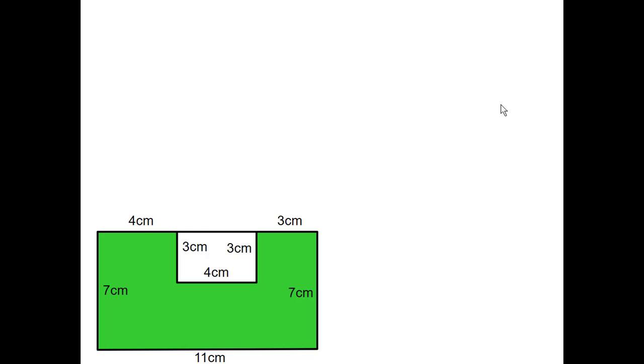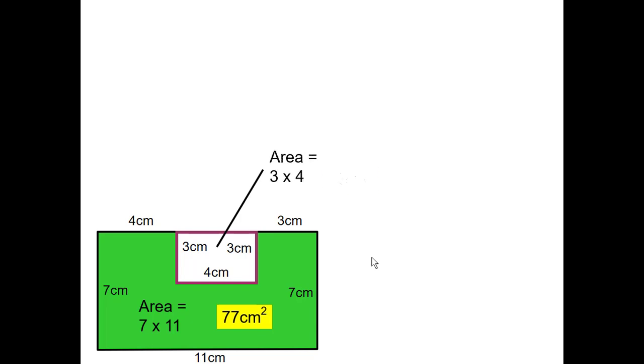So, what is the length of that rectangle? See it right there? It is 4 plus 4 plus 3, and you get 11. And the width is from here up to down there, you get 7.